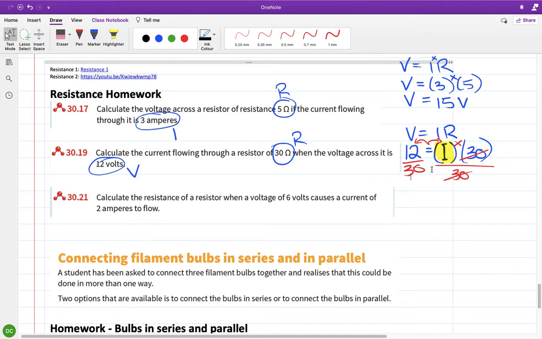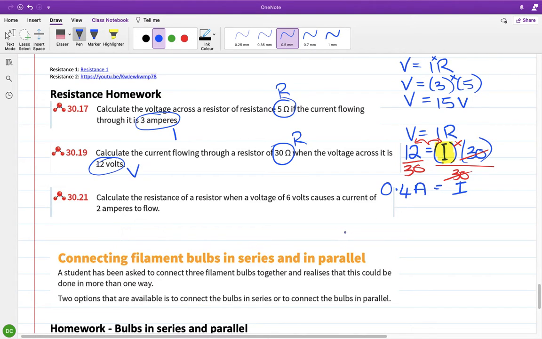You must have balance. Now on the right, all I have is I, and on the left, I have 12 divided by 30, which is 0.4. And current is measured in amps.